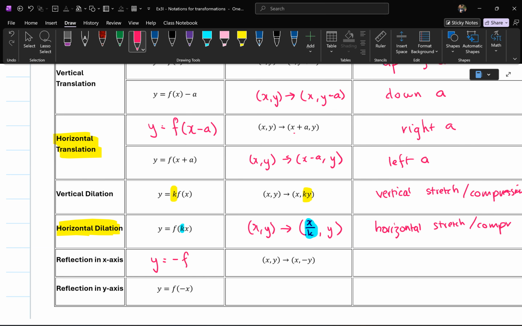You put a negative in front of the y value or the function itself, that's the same thing as saying negative y, which is a vertical reflection, or reflection in the x-axis. So vertical reflection, if that makes more sense to you. Versus the last one, that's negative x, y, which is a horizontal reflection.